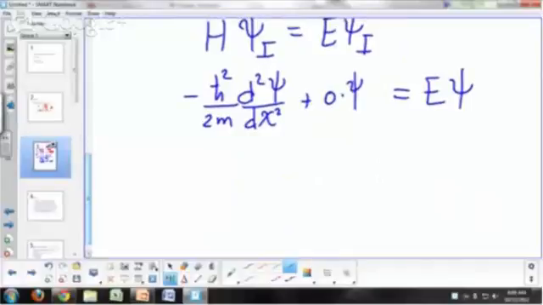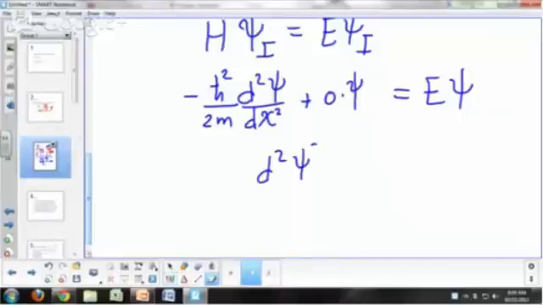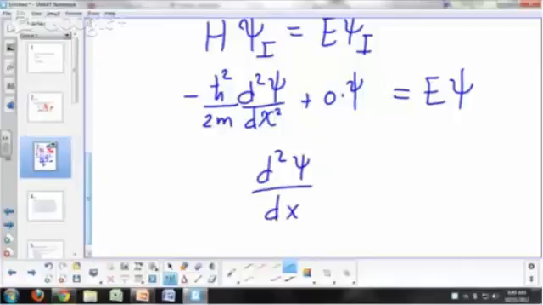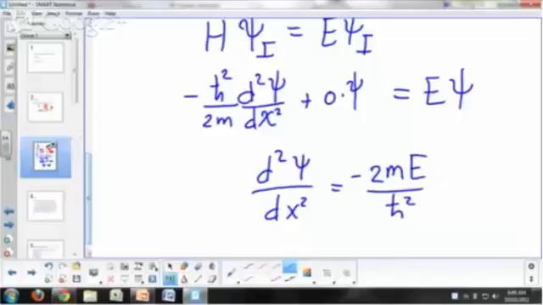And if we rearrange this, we can write it as the second derivative of psi with respect to x equals, moving my constants to the right side, negative 2mE over h bar squared psi.